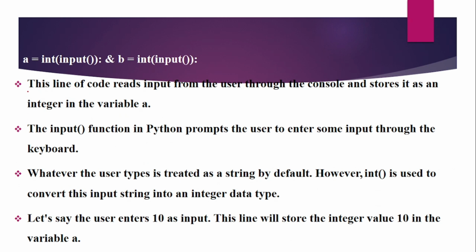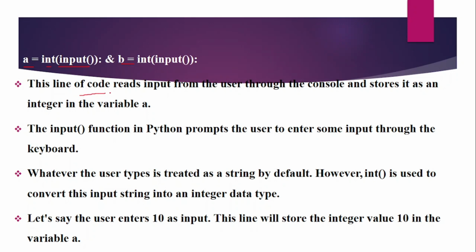The next one is that you will be seeing a lot of input for any variable that you're considering, like A or B, with integer input. This is a very simple type of user input, where whatever input we take, we convert it into an integer.